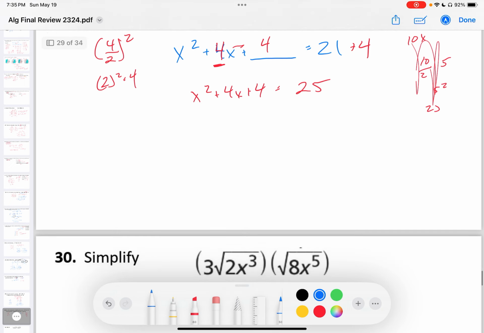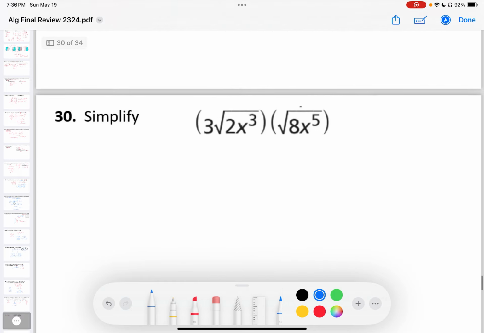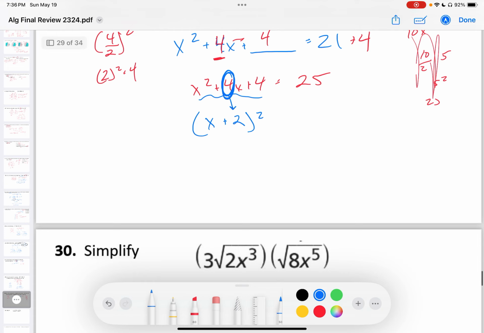This is a perfect square trinomial on the left side, so we're going to go x plus 2 quantity squared, and it's a 2 because that's half of this. So again, this value here is always half of that number, and we don't really care about that number, it doesn't really matter. So it's still equal to 25.